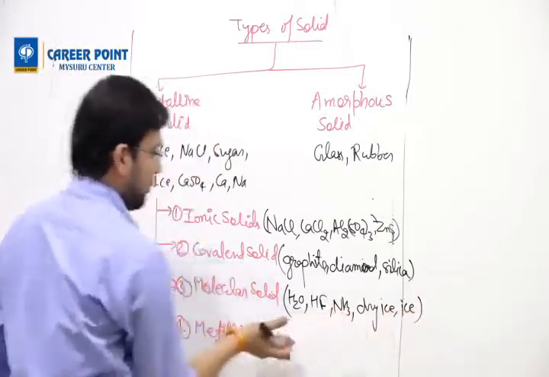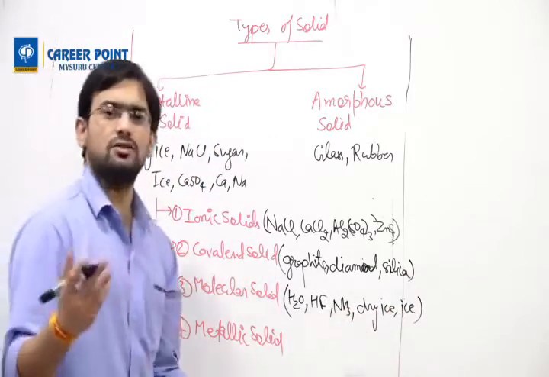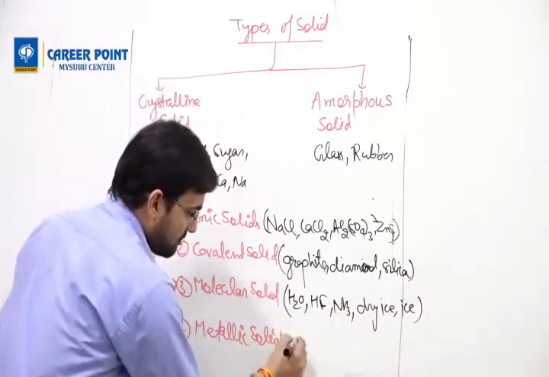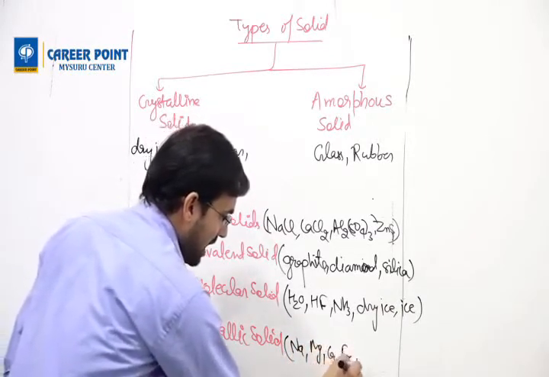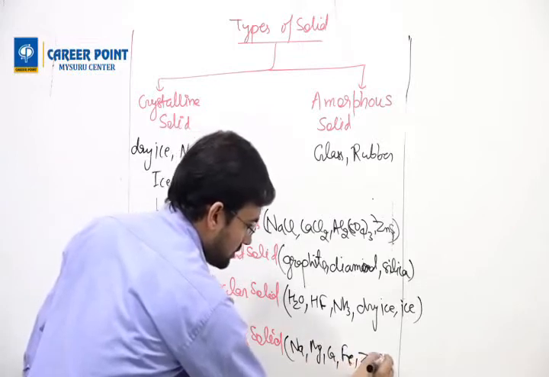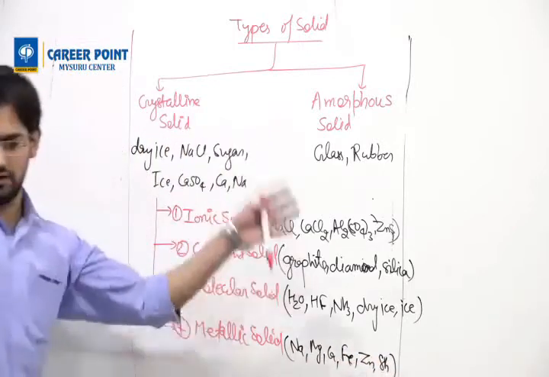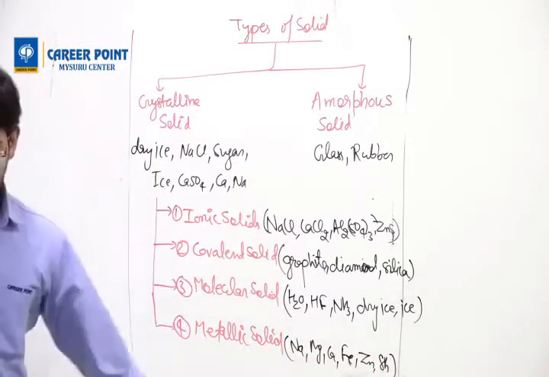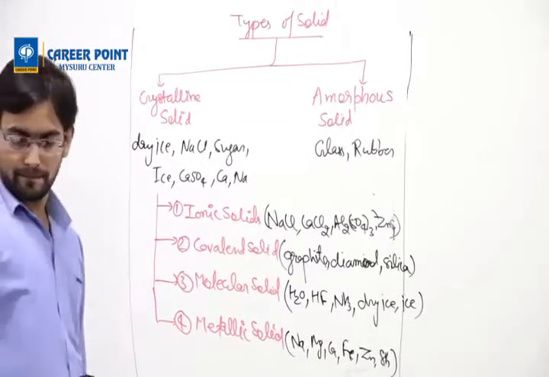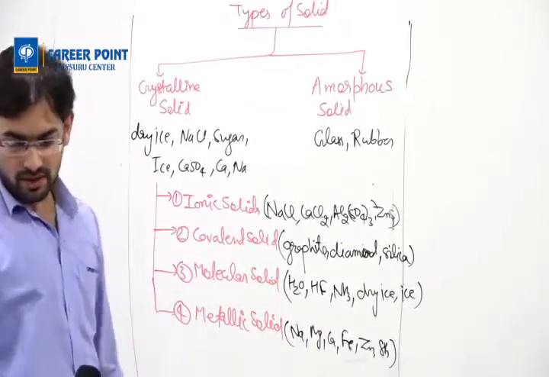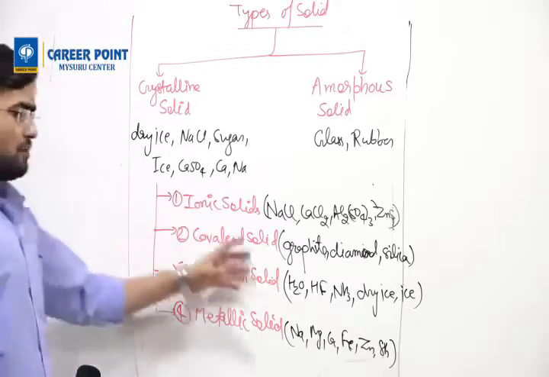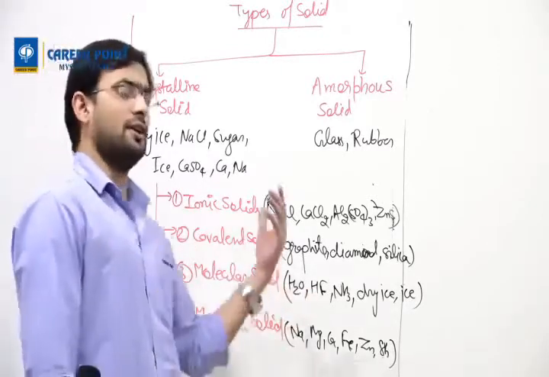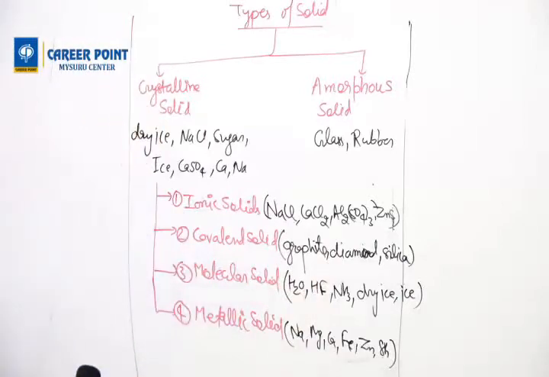Metallic solid means metals: any metal, sodium, magnesium, calcium, iron, zinc, tin, all. Understood the examples? If you memorize the examples, the whole theory is very easy. Okay, now we come back here.